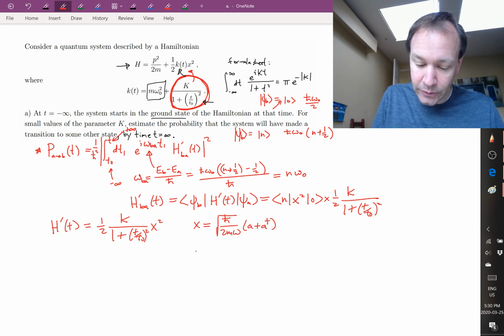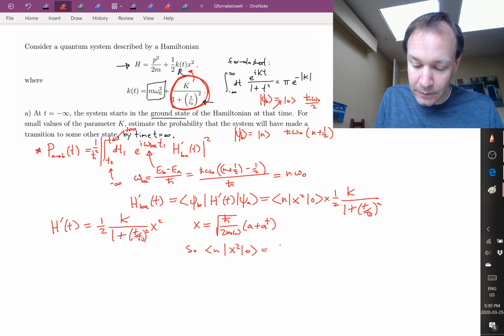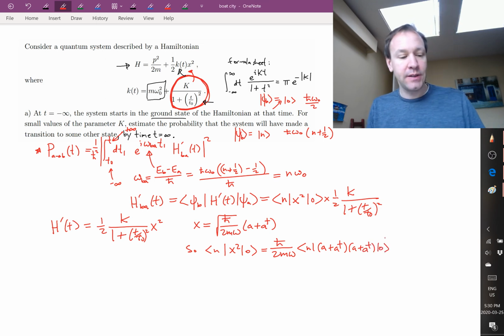And so the matrix element of n x squared 0 is going to be equal to h bar over 2m omega, and then n (a plus a dagger)(a plus a dagger) 0.